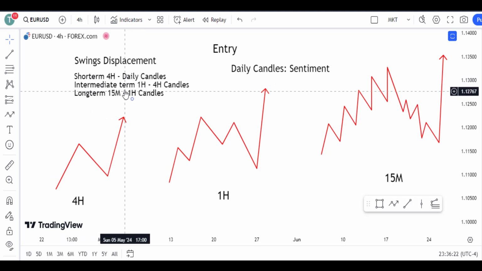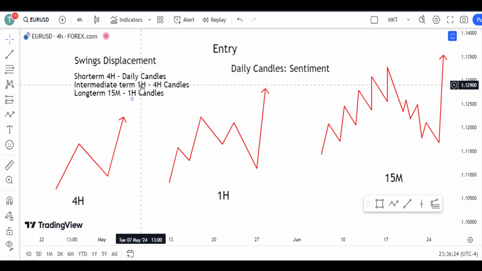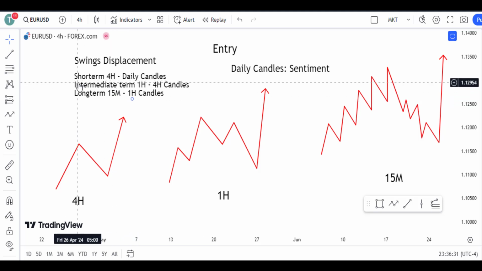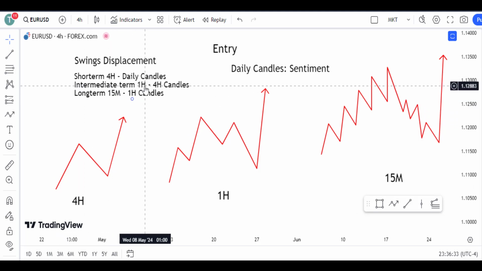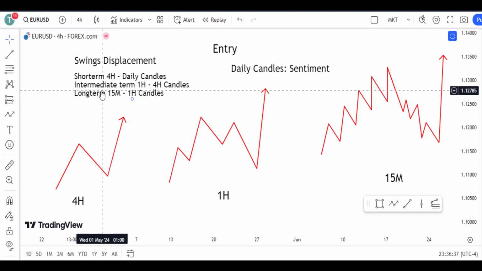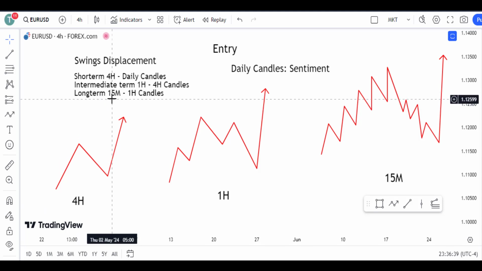the intermediate term highs and lows on the 1 hour is a long term. The intermediate term highs and lows on the 1 hour also represent long term highs and lows on the 1 hour. Are you getting me?